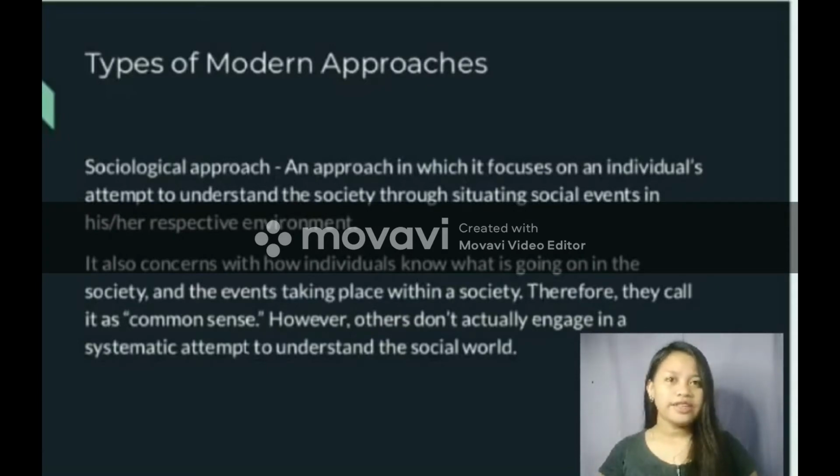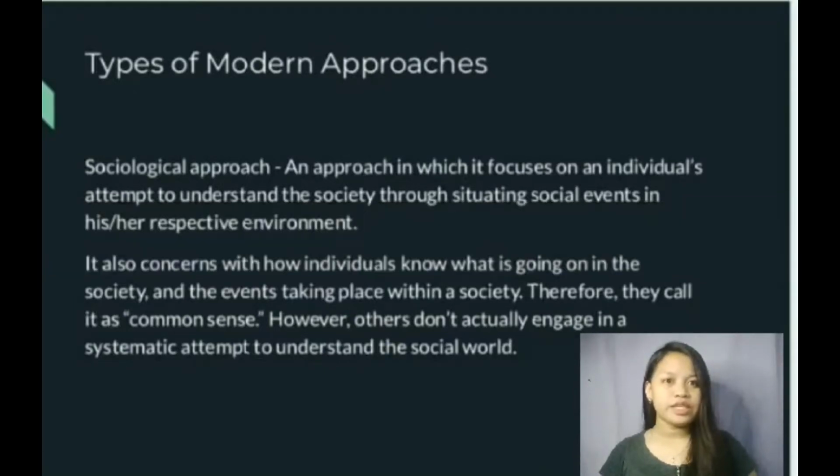However, others don't actually engage in a systematic attempt to understand the social world. So this scientific approach is what differentiates sociological knowledge from common sense.